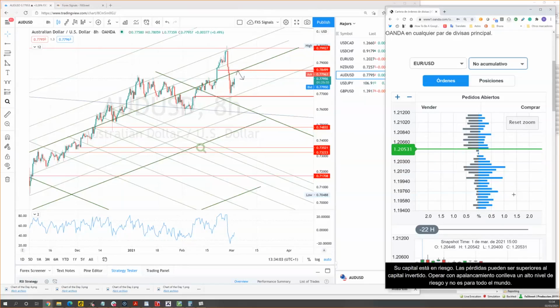Say, well, this market is already very high in terms of its normal volatility performance, so it could now slow down, or vice versa. It still has room to go.